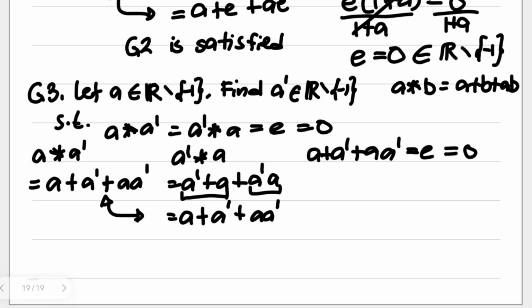And this should be for all A. So we have A plus A inverse plus A times A inverse is equal to 0.